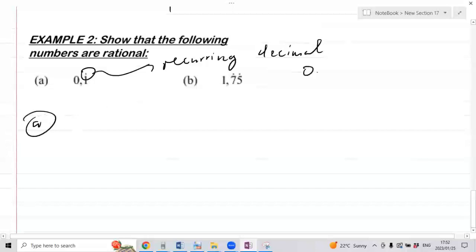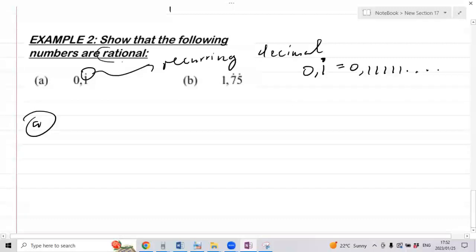So if I say 0.1 recurring, it's actually equal to 0.11111, and that 1 will be non-terminating. So we can put dot, dot, dot after that.